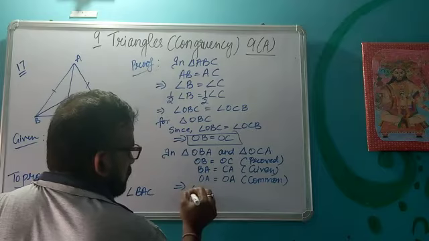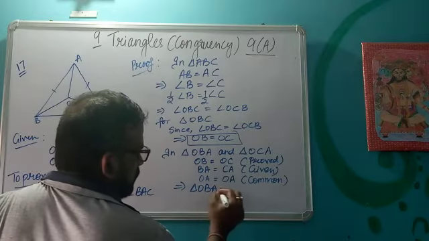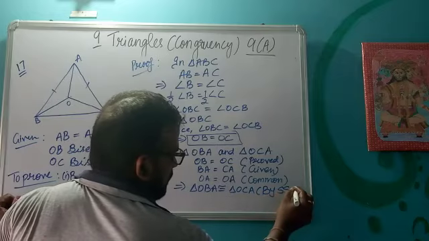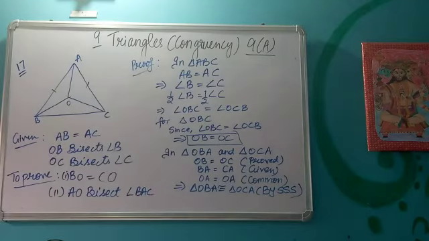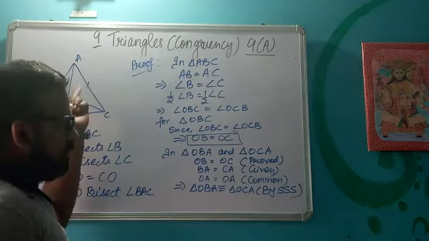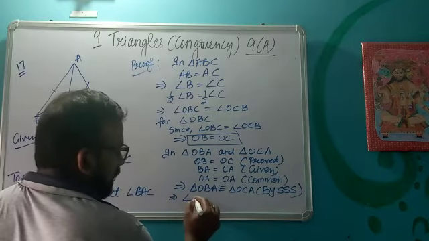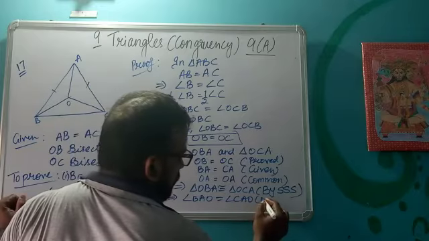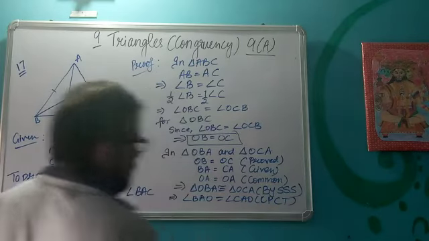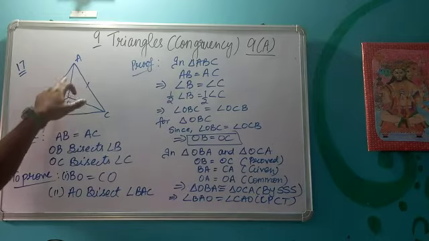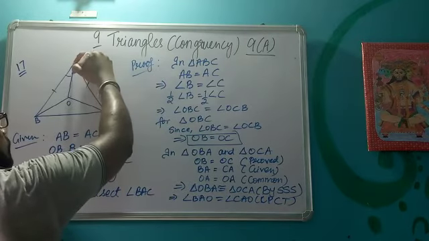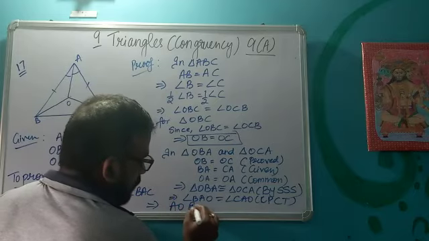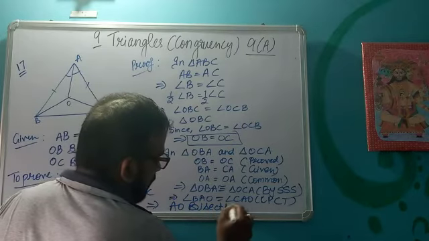So triangle OBA is congruent to triangle OCA by SSS criteria. So these two triangles become congruent to each other. That means angle BAO equals angle CAO by CPCT.